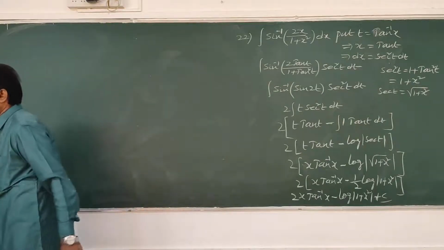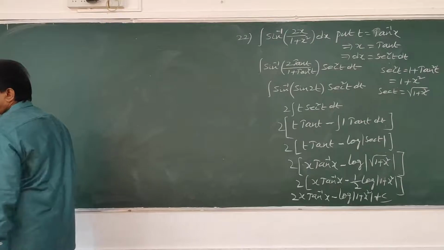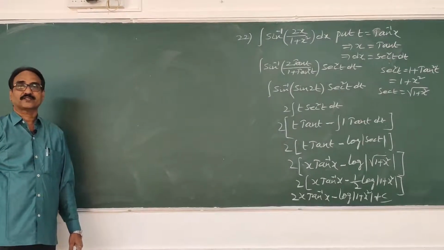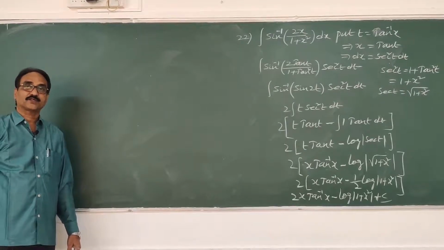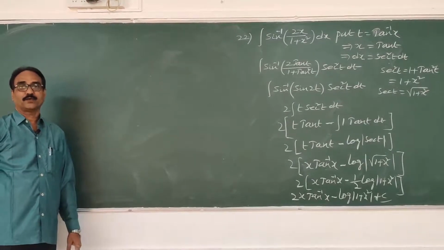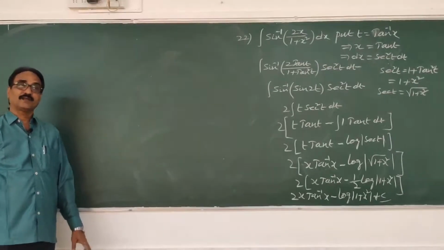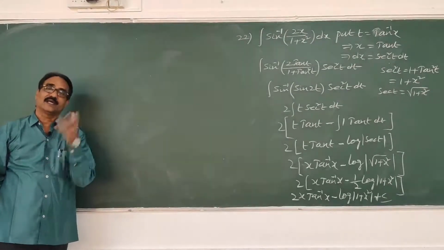My dear students, this is also called some special type of functions. Before that we did 1 by root of x square minus a square, 1 by root of a square minus x square, 1 by root of x square plus a square, 1 by x square minus a square, 1 by a square minus x square, all 6 problems like that.